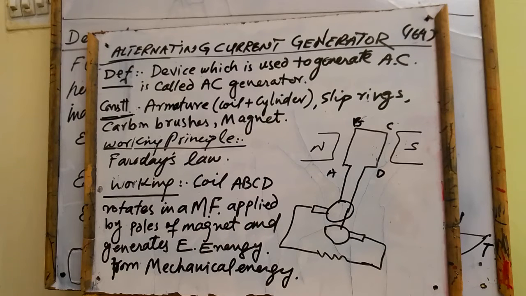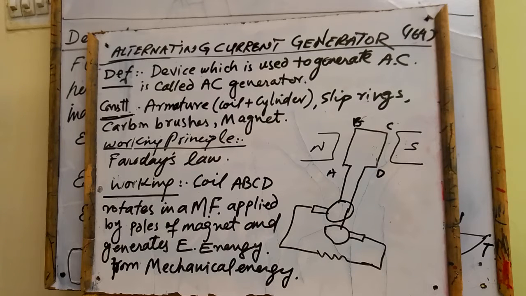First of all, dear students, what is an AC generator? AC is the term used for alternating current. Alternating current is basically the type of current which changes its magnitude and direction with respect to time. Generator is defined as the device which converts mechanical energy into electrical energy.